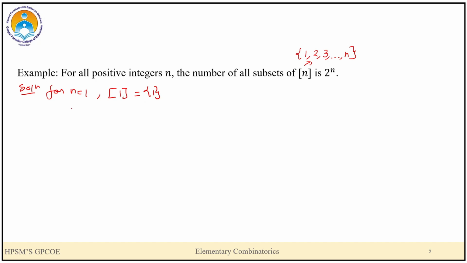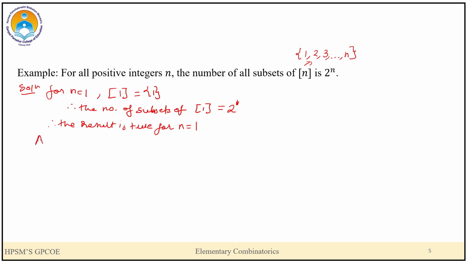So the number of subsets of [1] is equal to 2, and 2 is nothing but 2 raised to 1, right? So we see that the number of all subsets of [n] is in this form, 2 raised to that particular value, which is 2 raised to 1. So therefore, the result is true for n equal to 1.